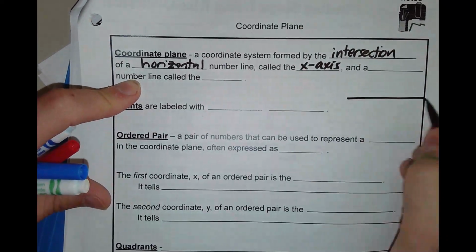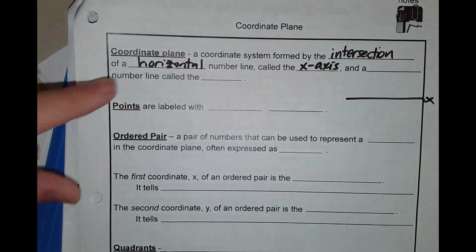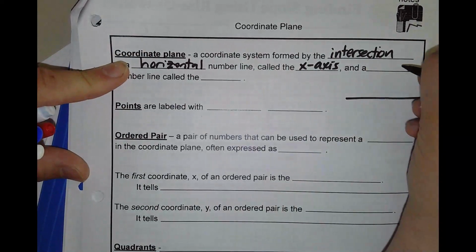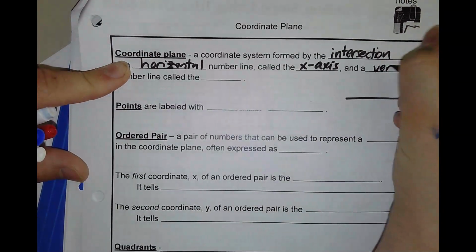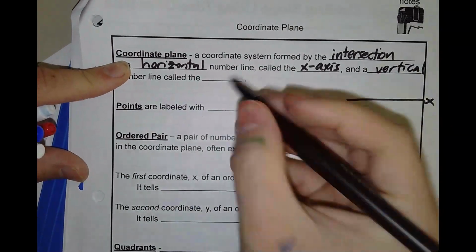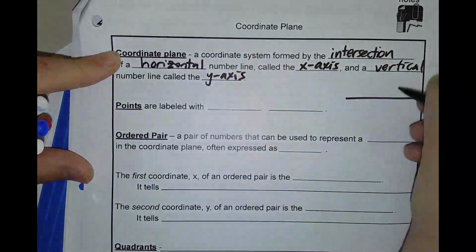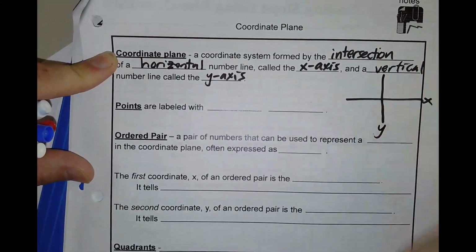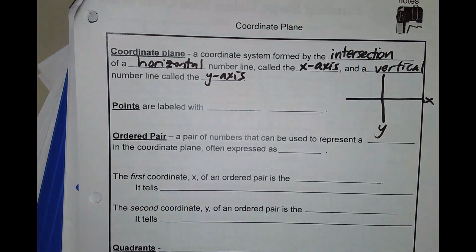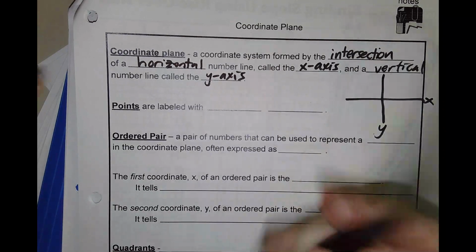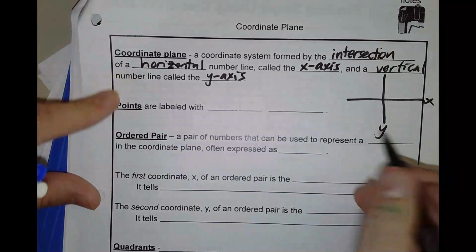So we have the x-axis and a vertical number line called, that's right, the y-axis. Very good. So far we have the x-axis and y-axis, and together they form something called the coordinate plane.